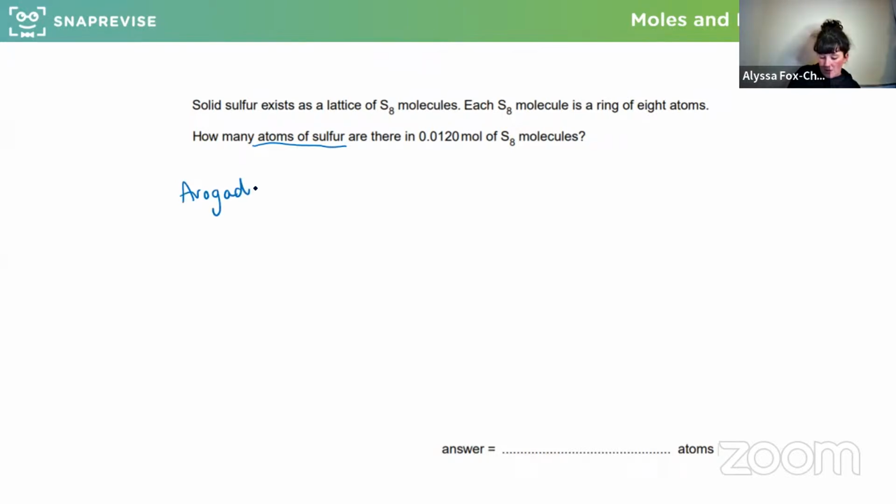We know I've got 0.012 moles, then how many particles have I got? Let's times them together to work it out.